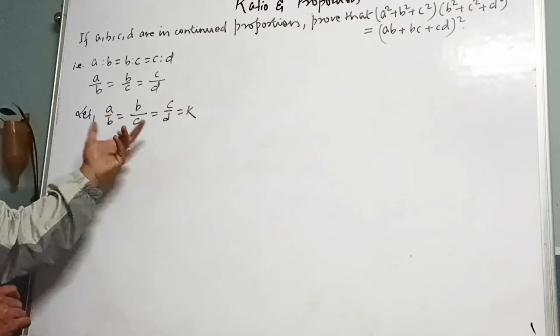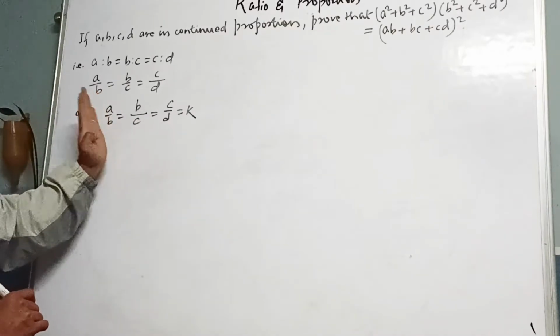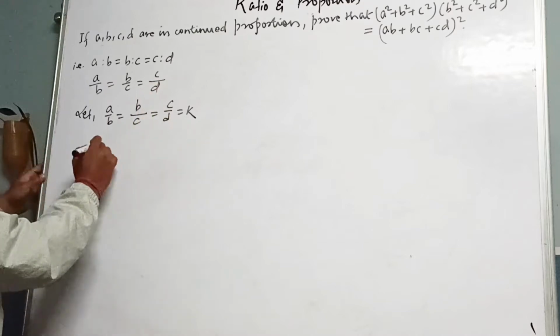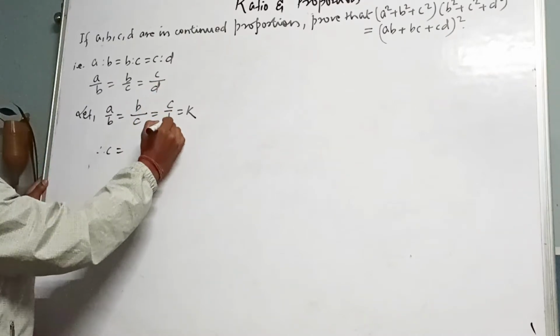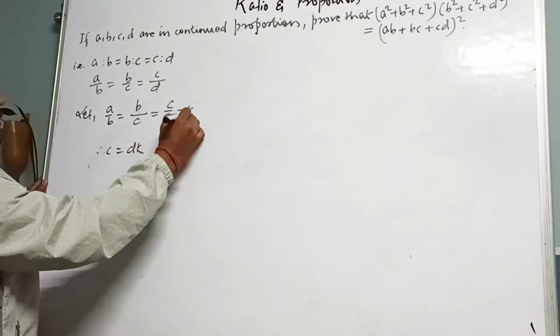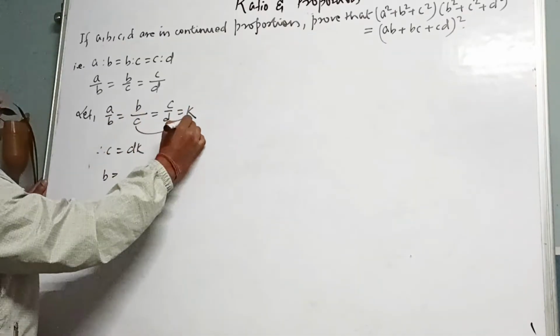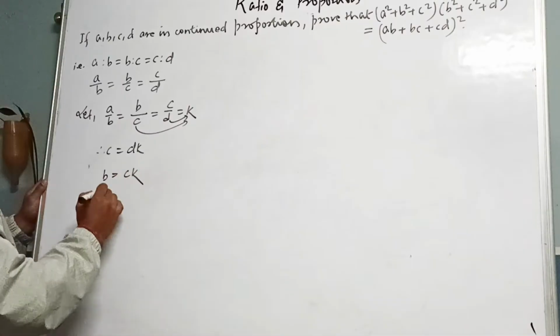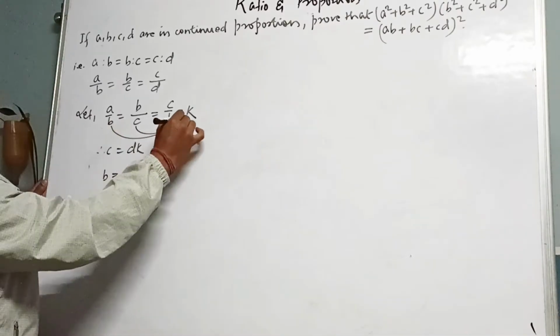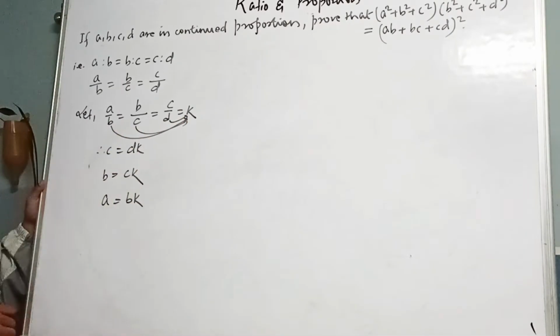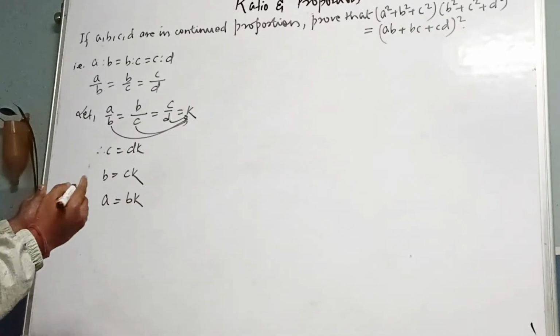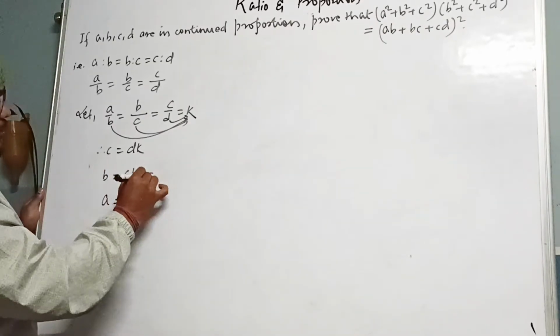So in this type of question, you just don't write from the front, you just write from the back. First of all, I am writing here C equals DK, and B equals CK, and A equals BK. Got it? First step.